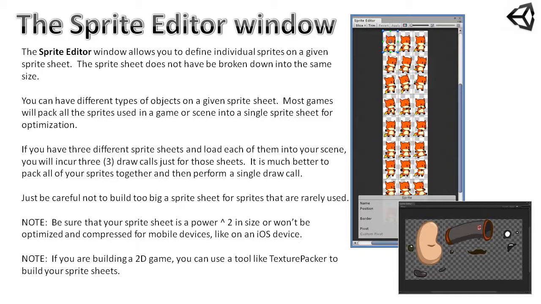You can't do freeform in Unity. But it is nice because once I do this and I hit apply, watch what happens here. I now have all of my sprites that I can now, in my animation window, apply and show that it's doing running, jumping, whatever I want.